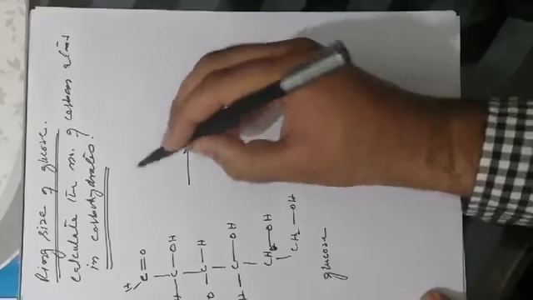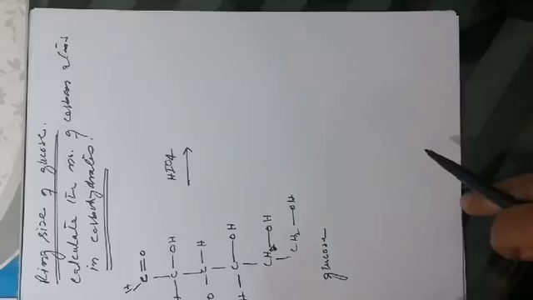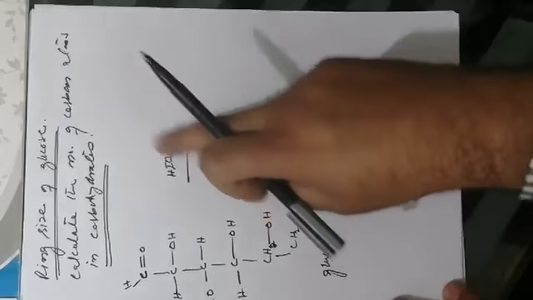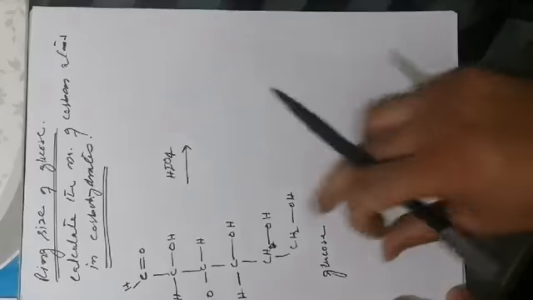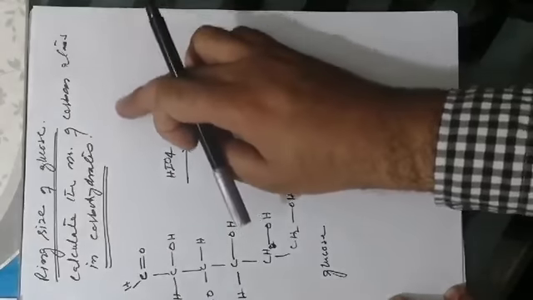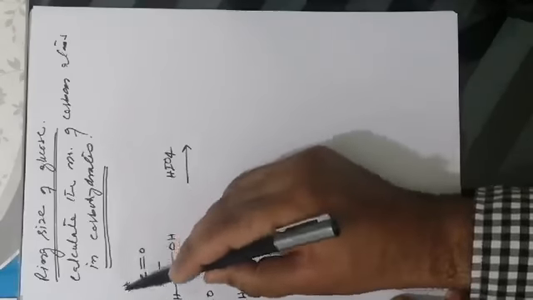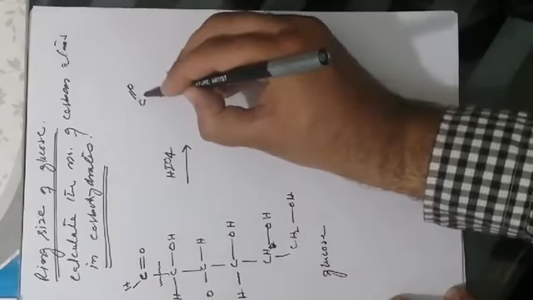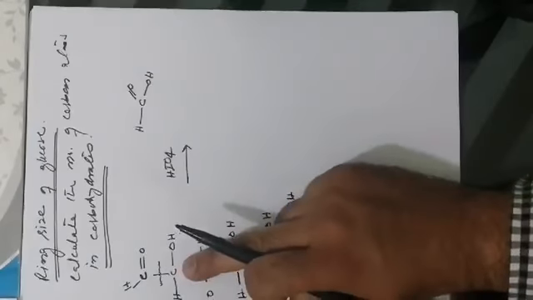So if I ask you to react it with periodic acid, you will have to tell me how many moles of periodic acid would be consumed and what would be the products. So by drawing the mechanism step by step, making first the periodate ester, then the cleavage, you will see that when you cleave this bond, this terminal carbonyl will change into formic acid, and this will change into a formyl group.